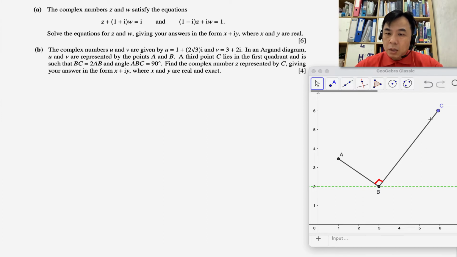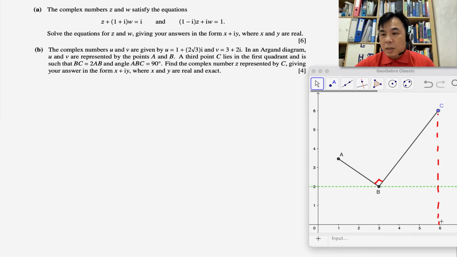By looking at this setup, let me roughly show you what we are looking at. Bear in mind that at this point in the exam, you may not know the exact coordinate for C, so this is just a rough sketch.